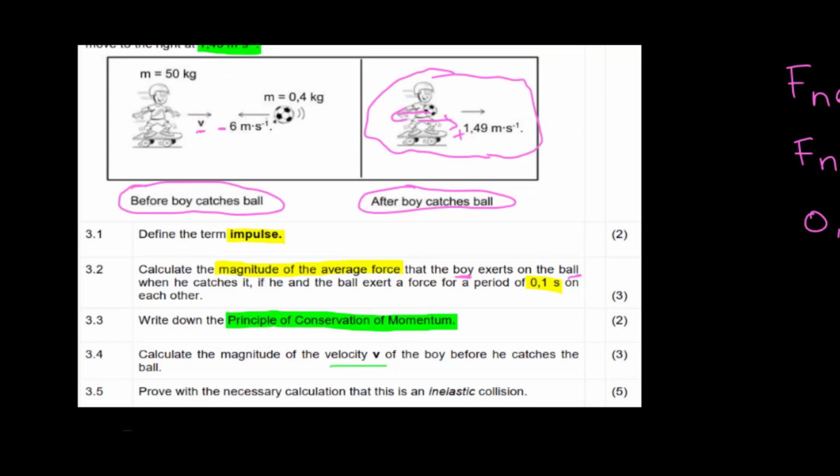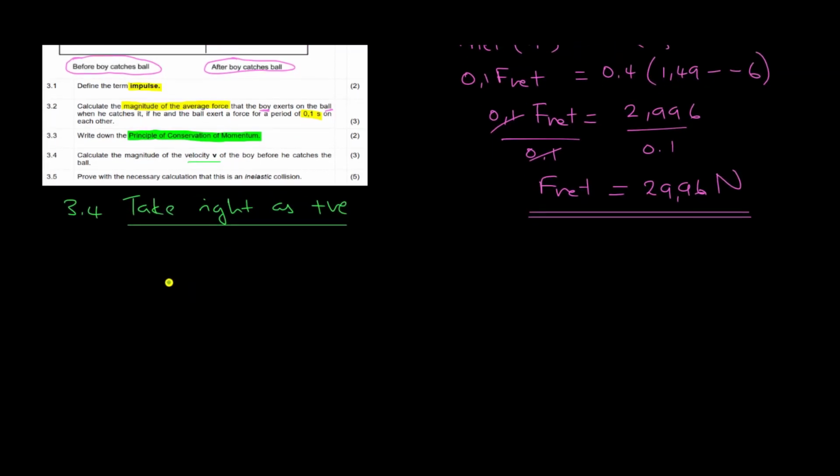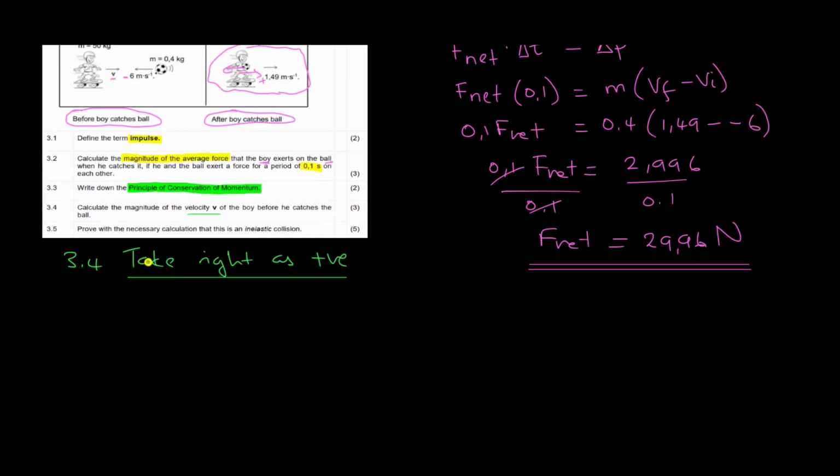We're still taking right as positive. Very important to write this statement because you're dealing with vectors. So I'll say mass 1 times velocity 1 initial plus mass 2 times velocity 2 initial equals mass 1 plus mass 2 multiplied by the final velocity.